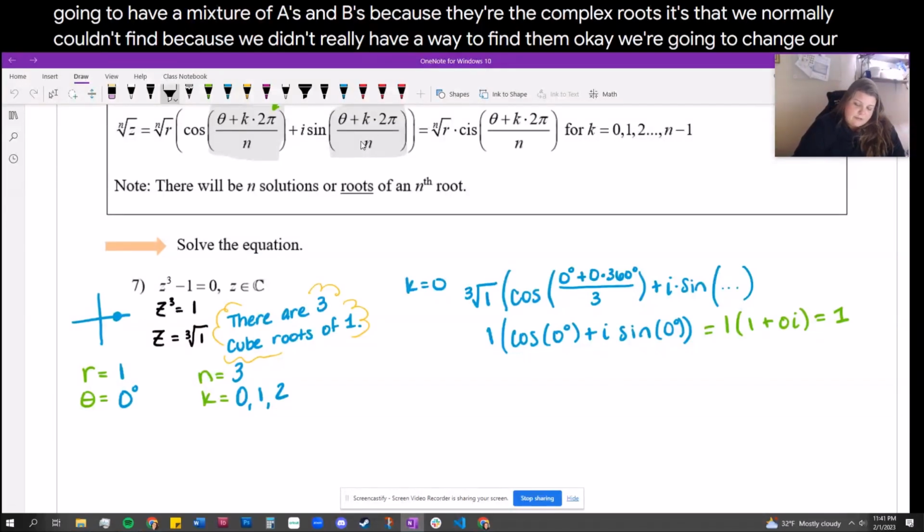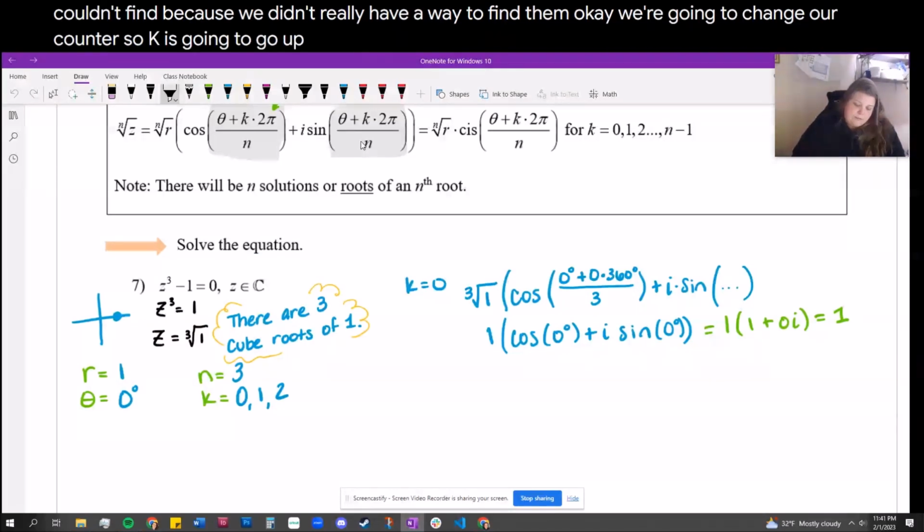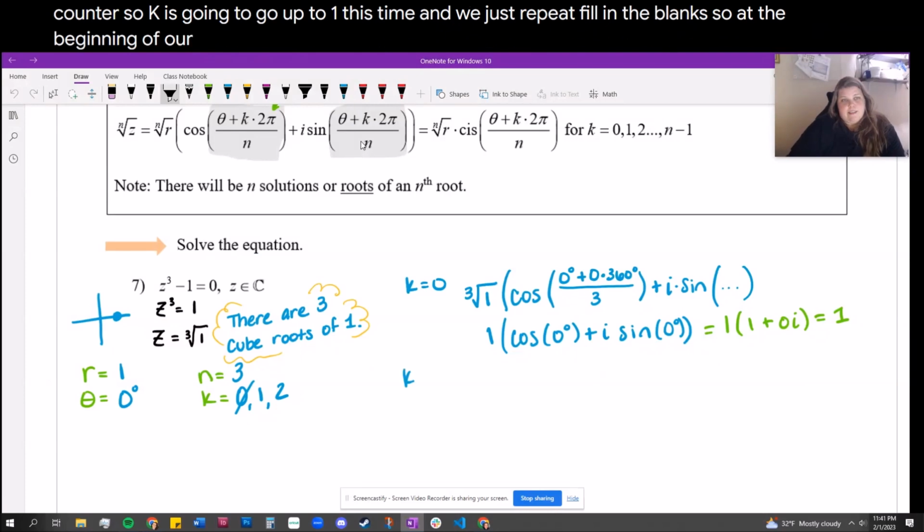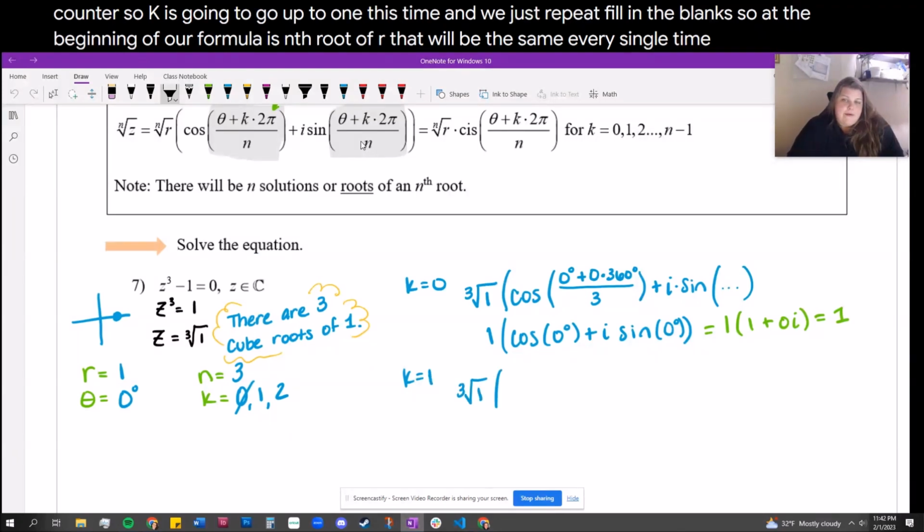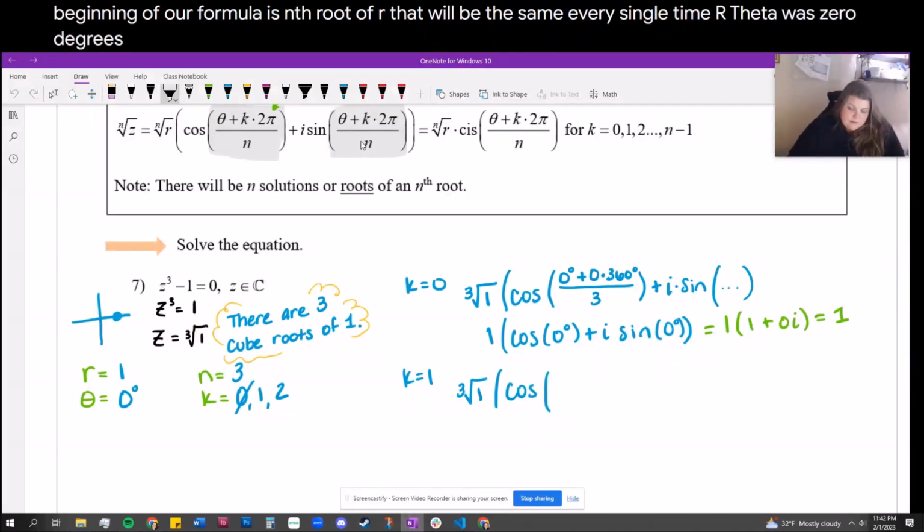Okay, we're going to change our counter. So k is going to go up to 1 this time. And we just repeat, fill in the blanks. So at the beginning of our formula is the nth root of r. That will be the same every single time. Our theta was 0 degrees. k is now 1.